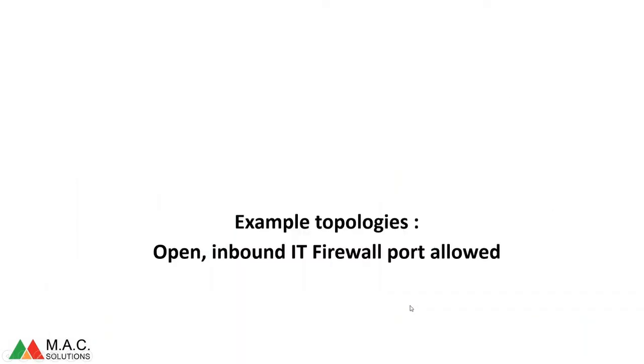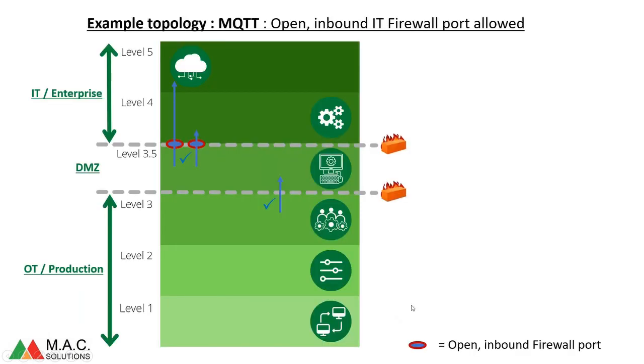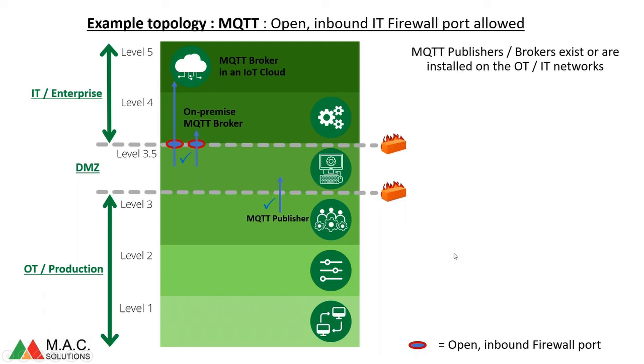Let's look at a topology where an inbound port is allowed on the IT side. You can see here we have ports which are allowed into the IT network from the DMZ. In this example you've got MQTT. An MQTT publisher is sitting on the OT side wanting to publish its data upwards, and an MQTT broker is sitting on premise, or in the cloud, waiting to accept that data from the publisher.